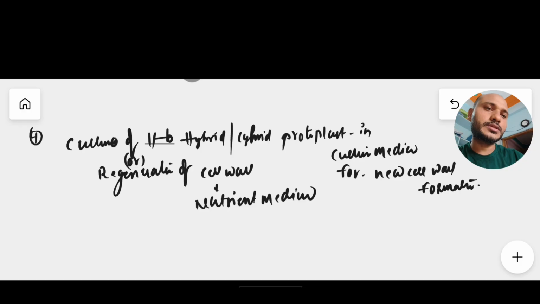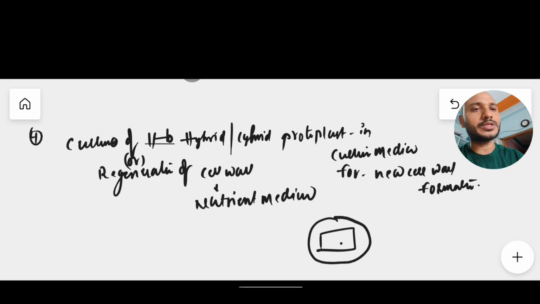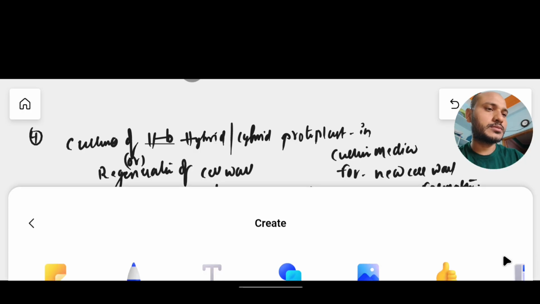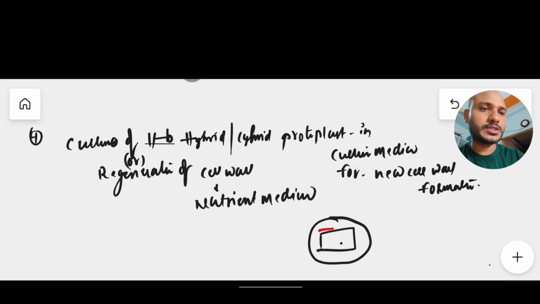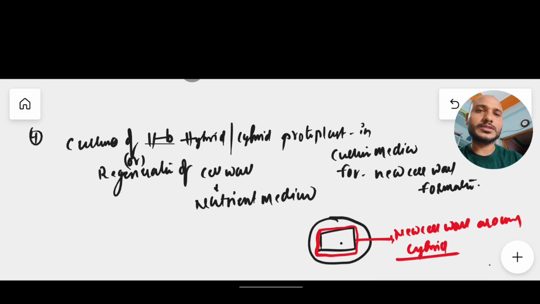Once there is a formation of this hybrid containing only one nucleus, we go for culture in nutrient medium, and then around the protoplast there is a formation of a new cell wall. So a new cell wall forms around the hybrid. This process is called regeneration of cell wall, or culture of hybrid protoplast in culture media.